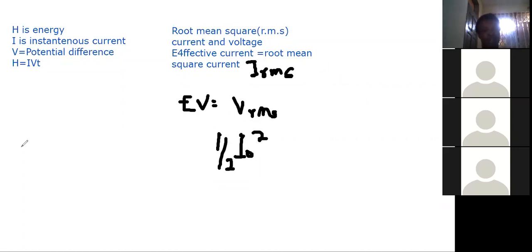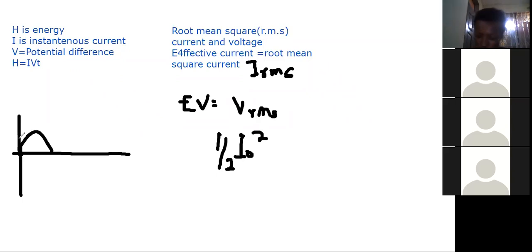So let me just draw this. Now when t is 0, we want to know the current here. Basically, that's what we're trying to say. The average value of the current for a period is 0, but the mean value of the square of the current is mathematically given by this.